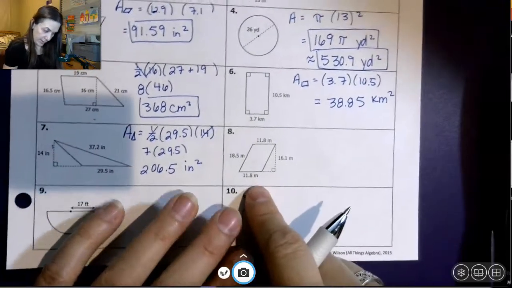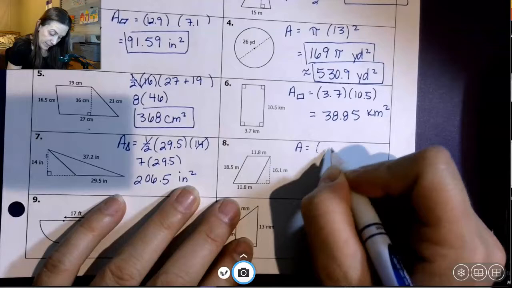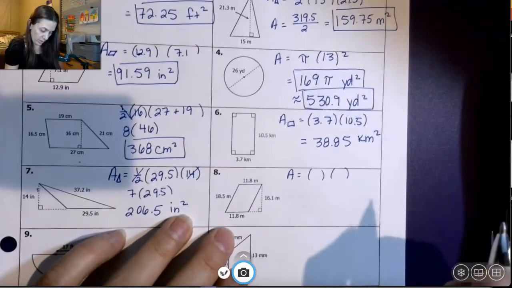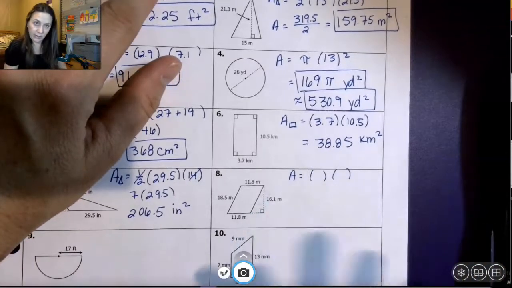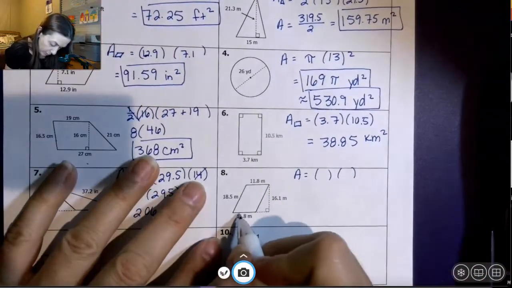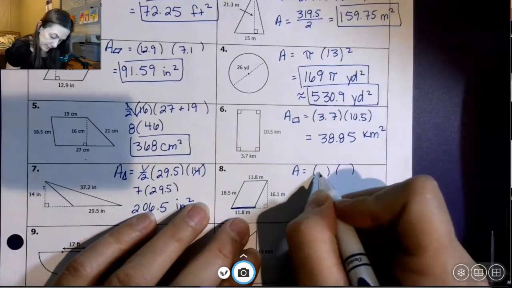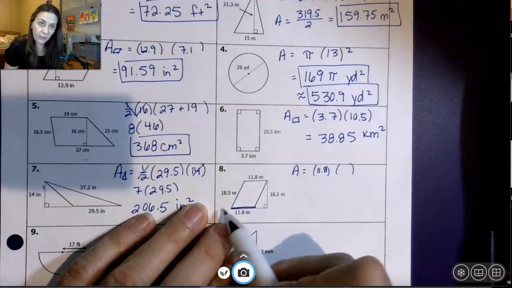Here I have a trapezoid. Again, area of a trapezoid is the base times the height. No, parallelogram. Parallelogram, sorry, not a trapezoid, parallelogram, base times height. In this case, I would probably call the 11.8 my base. Now my height is not the 18.5 because it's slanted.